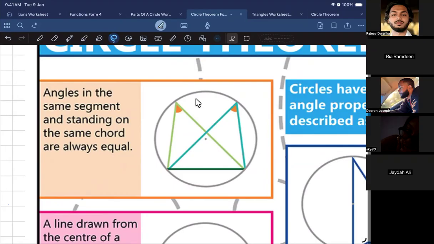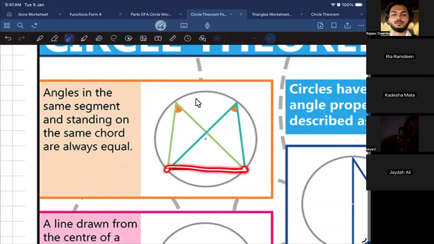Angles in the same segment and standing on the same chord are always equal. Let me try to understand what they're saying. First thing is first, Ria, what is the green line over here? What's this line called? It connects two points on the circumference together.